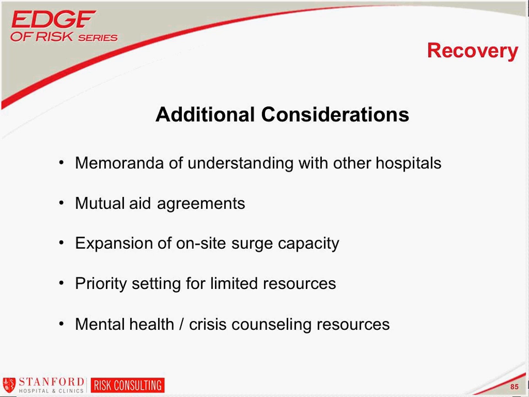Dr. Birnbaum has already mentioned allocating resources for mental health and crisis counseling services. As you can see, organizational preparation and recovery can be complex and dynamic, but it can be done effectively to positively mitigate against the potential harm which an active shooter event could cause your organization, staff, visitors, and patients.